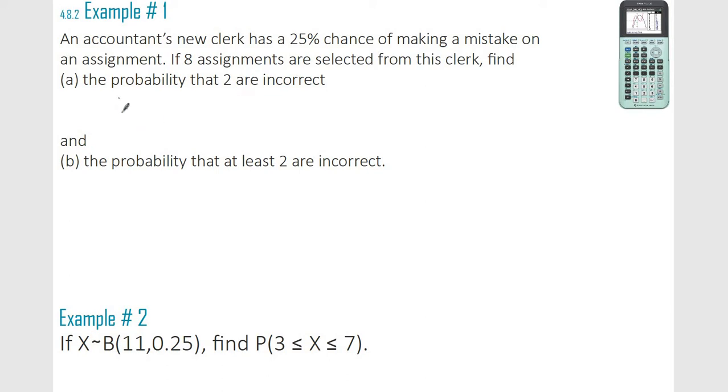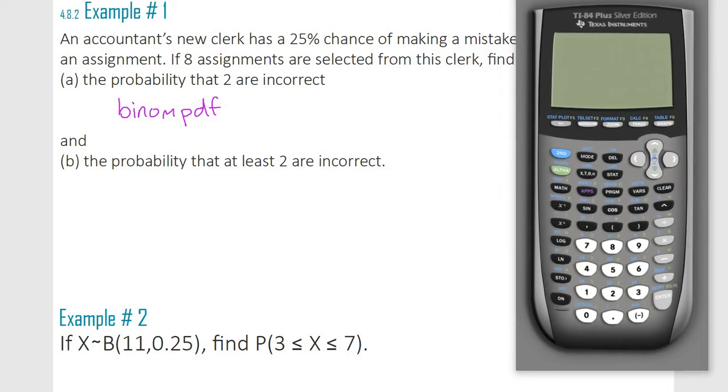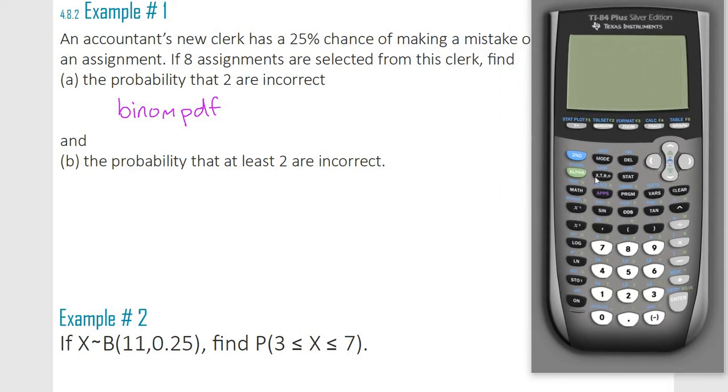So we're going to use the binomial PDF. This is on our calculator. So let me grab my calculator. Now, where you go is, is it stat, test, nope, I lied, second vars.